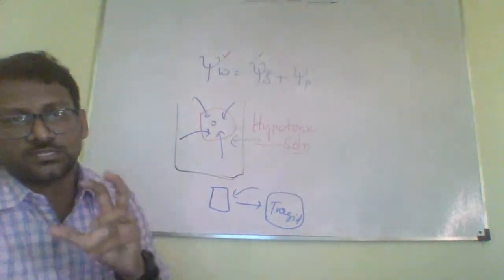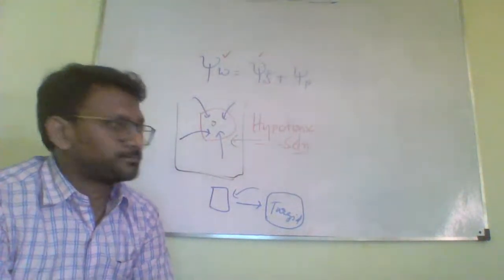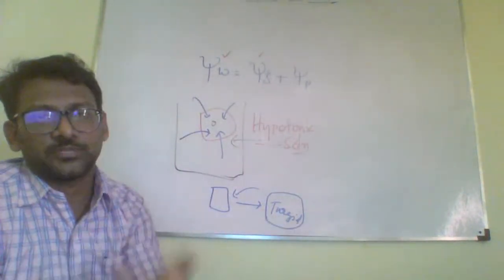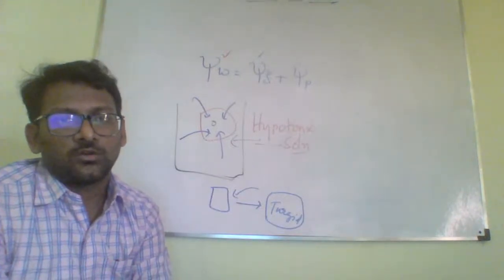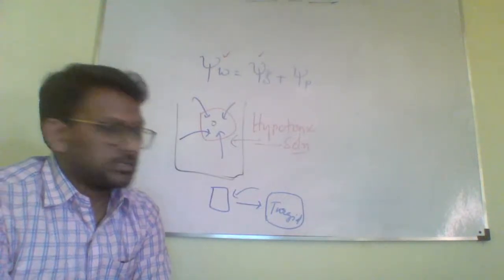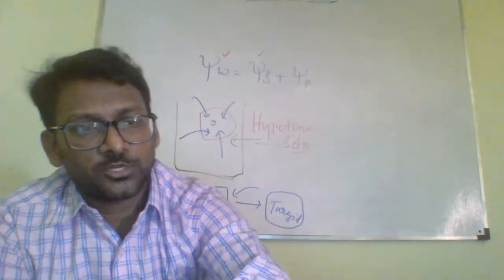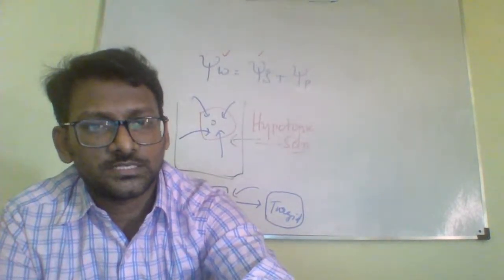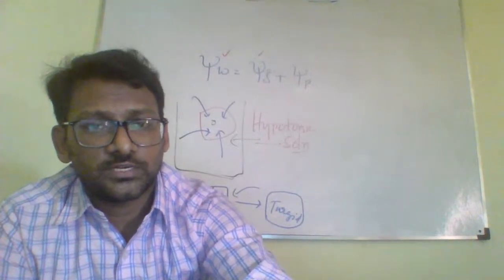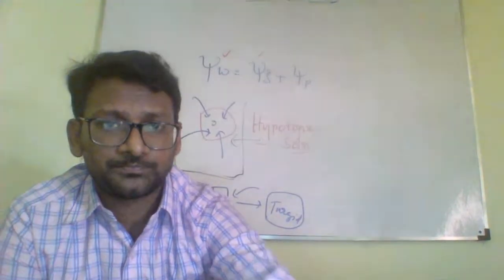Understood? So this is pressure potential. Pressure potential is something positive. Is that clear? This pressure potential is also called turgor pressure.